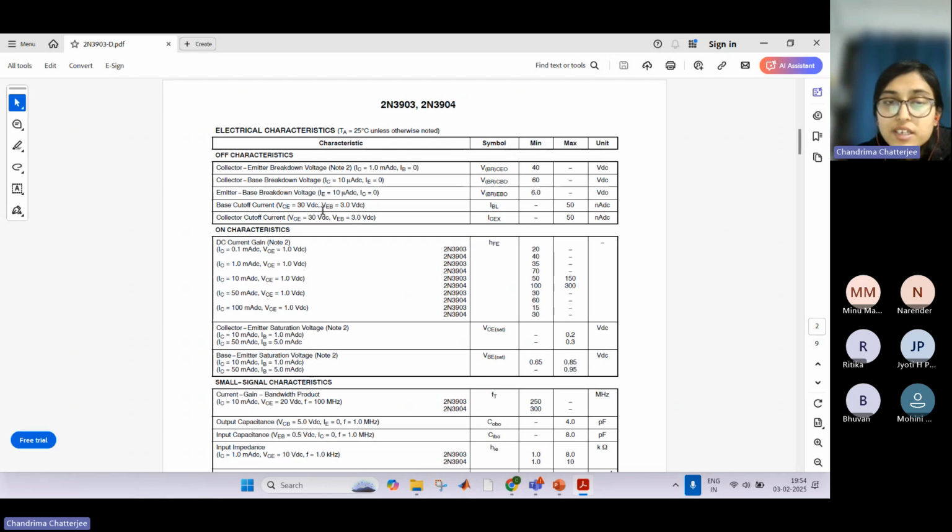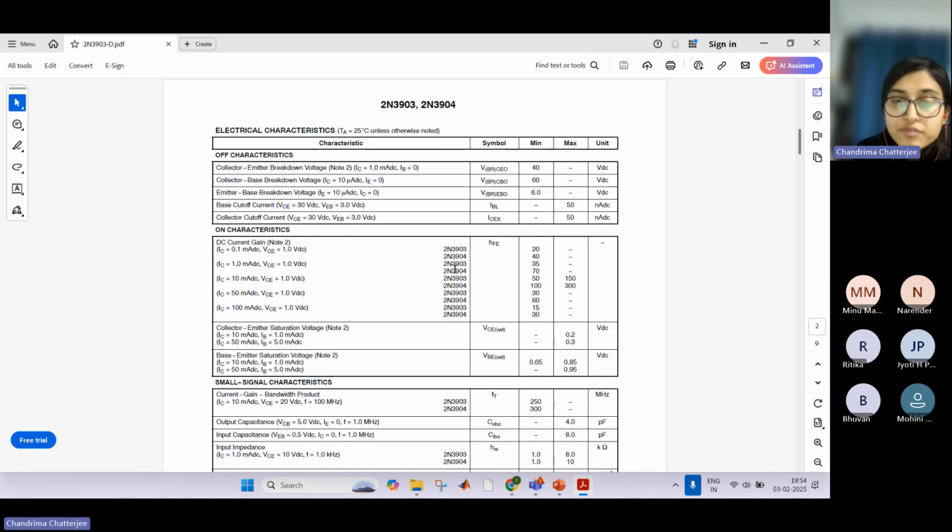Then base cutoff current is given as 50 nanoampere. So below this current, the device will be off. For the device to be on, the base current should be more than this value. Collector cutoff current is 50 nanoampere as well.